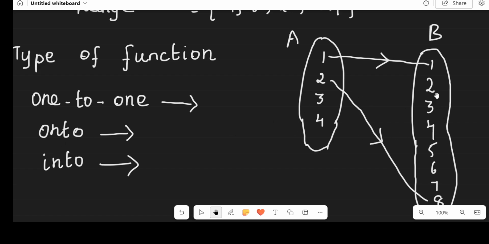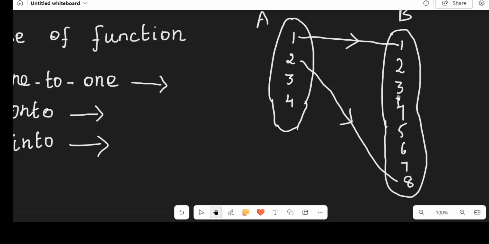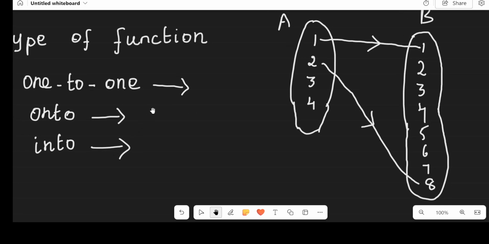Here only a few numbers are mapped with other elements, like 1 and 1, 2 and 8, and so on. But 2, 3, 4, 5, these elements are not mapped. So this is not onto function. First, this is a one-to-one function, that is correct, but not onto function.